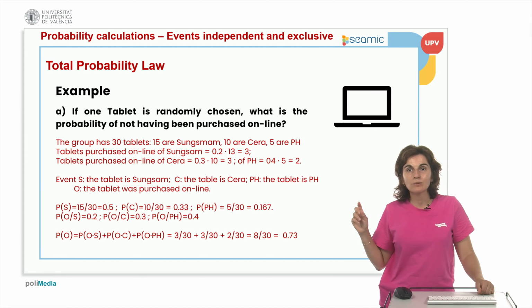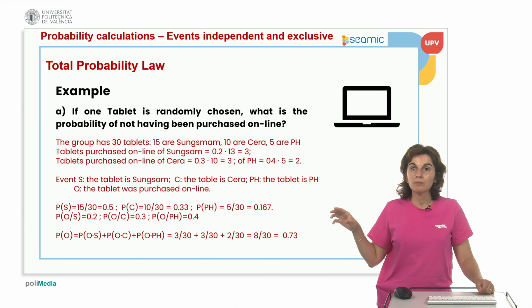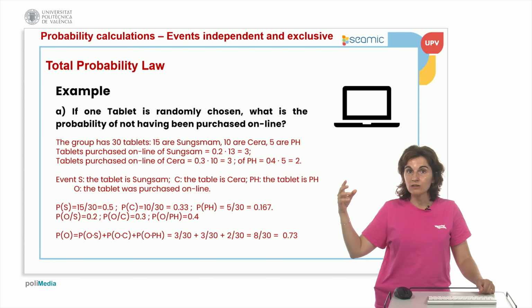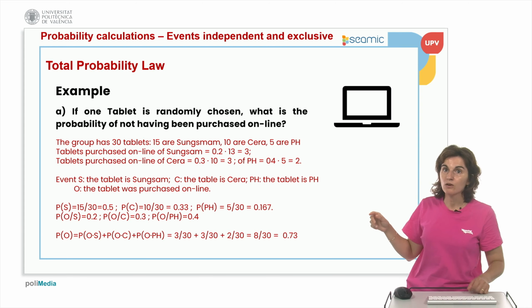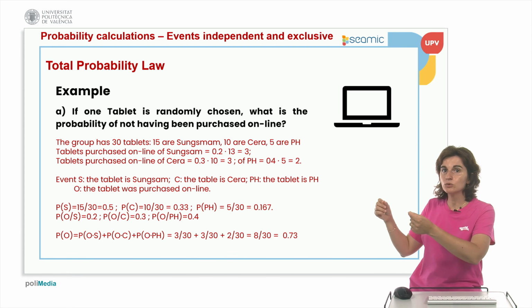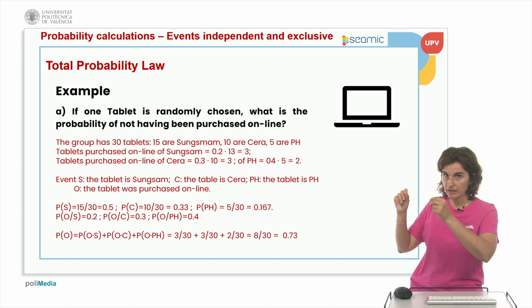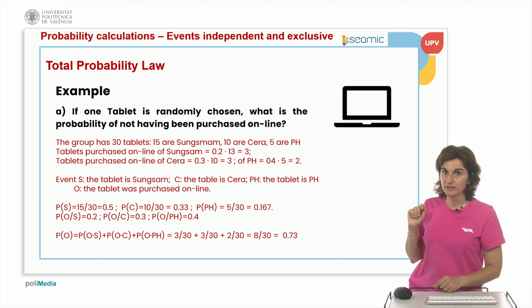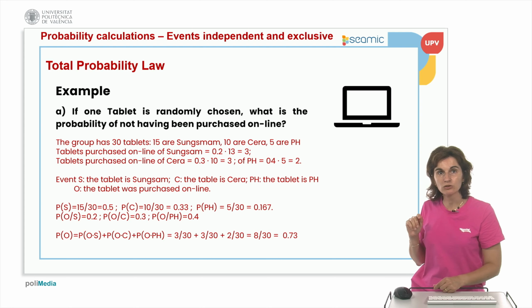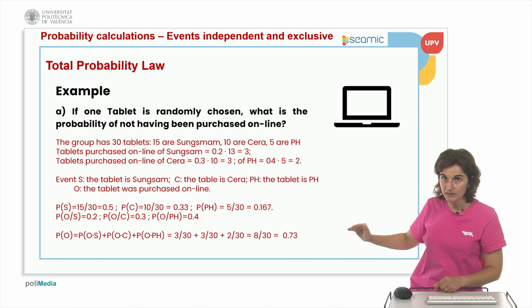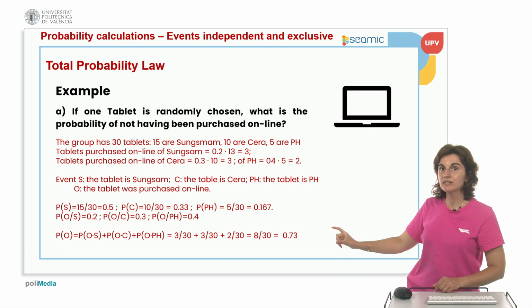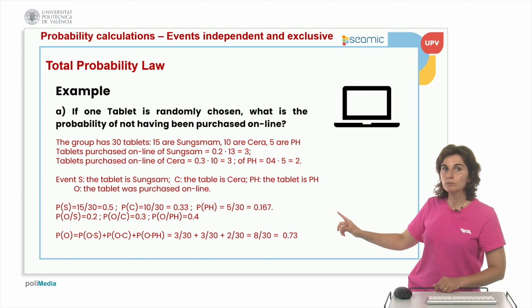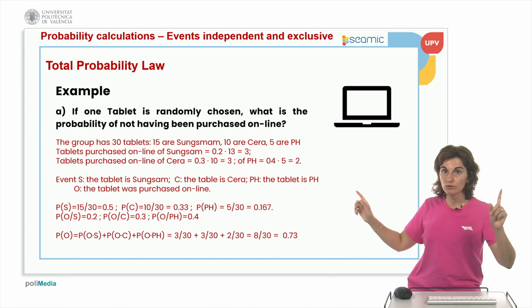So be aware that we can apply the formula to obtain a probability that allows us to obtain other probabilities. This problem could have been solved converting each of the data into not online, again and again. But it would be more complicated. It's better for our resolution to solve the problem directly with the data we were given, and once we have some general result, try to convert this probability into the probability of not being purchased online.